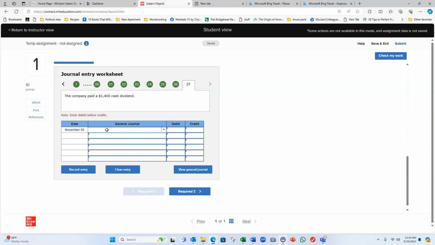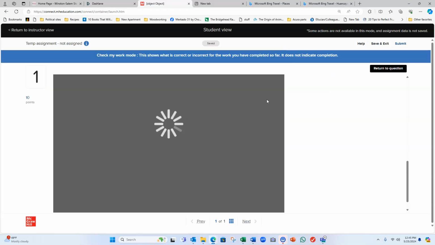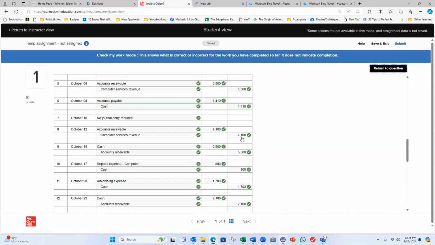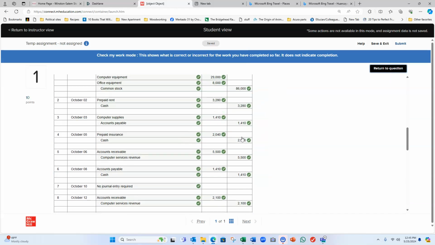Paid $1,400 cash dividends. That should be good. Let's check our work. All those look good. Not complete yet.